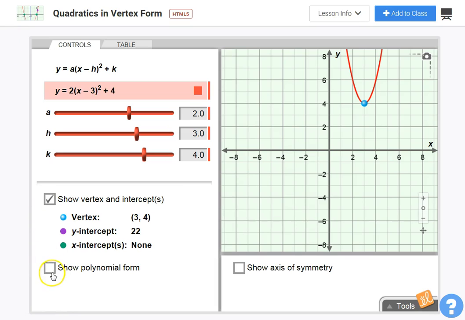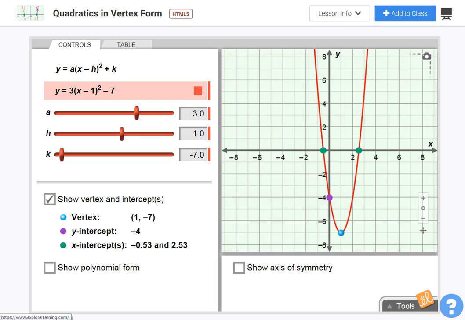So the vertex here is positive 3, positive 4, and that in polynomial form is 2x squared subtract 12x plus 2, which is equivalent to the vertex form shown above. And lastly, the fourth combination would be a negative value added to x and a negative value added to the function operation. So after the squaring takes place, we subtract 7.